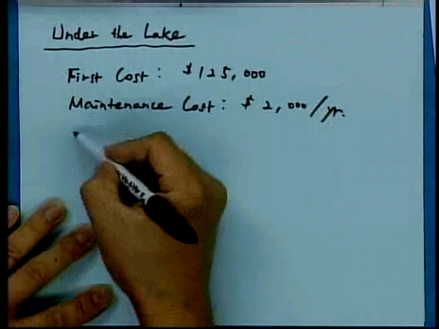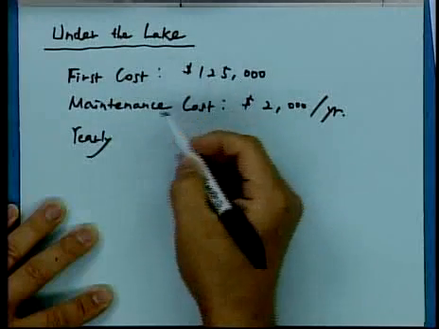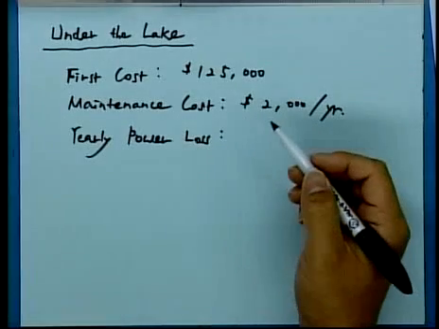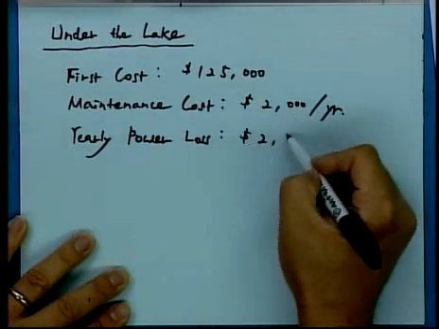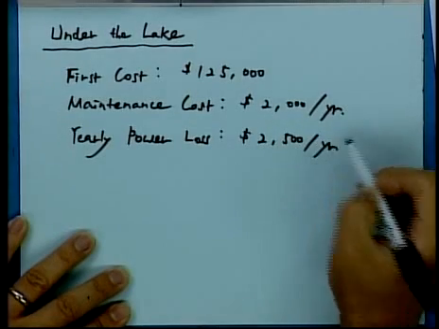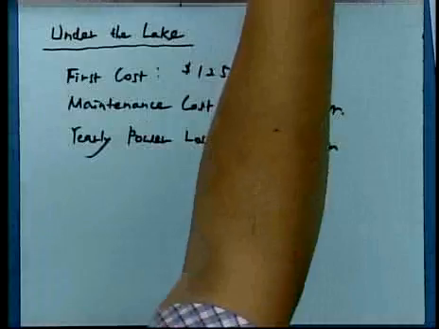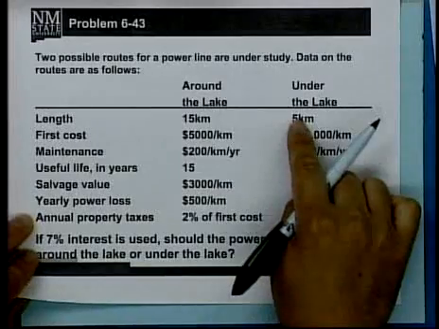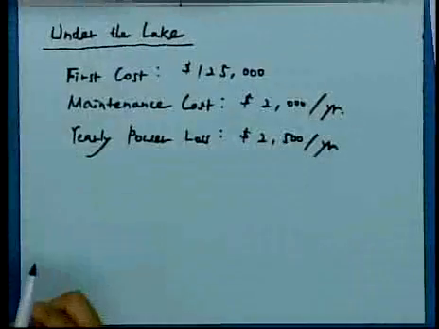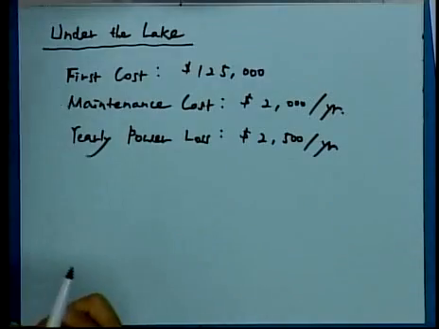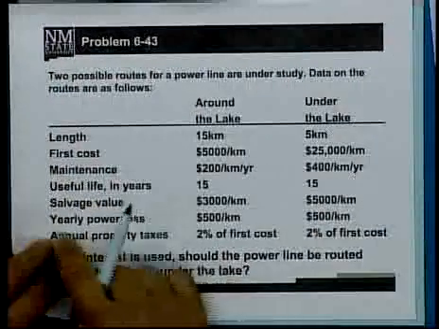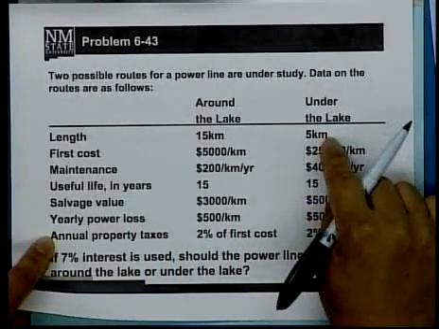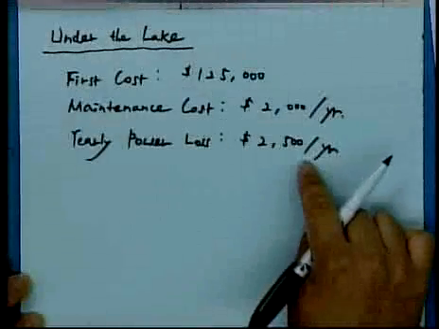Likewise, the yearly power loss would be $2,500 per year. No, sorry, the yearly power loss would be $500 per kilometer. So you need to multiply by 5 kilometers, and it becomes $2,500 per year.